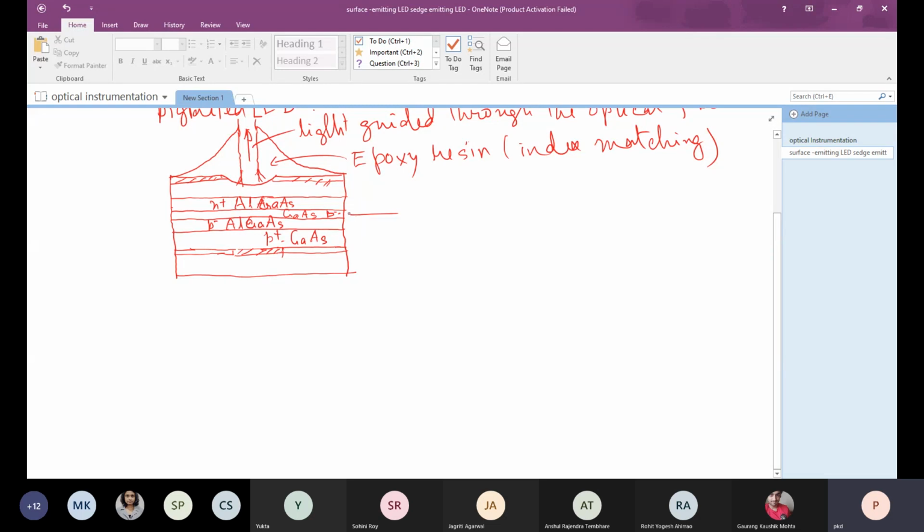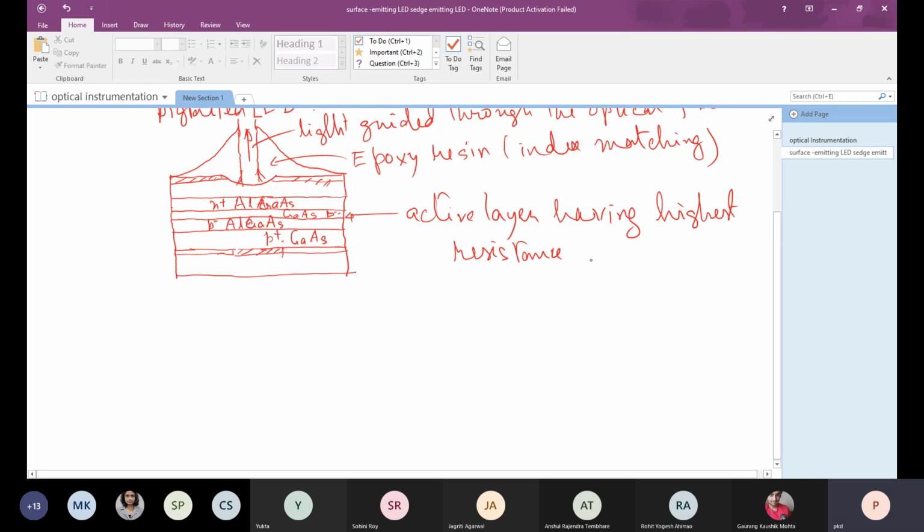This is the active layer. The active layer has the highest resistance due to the most lightly doped region.